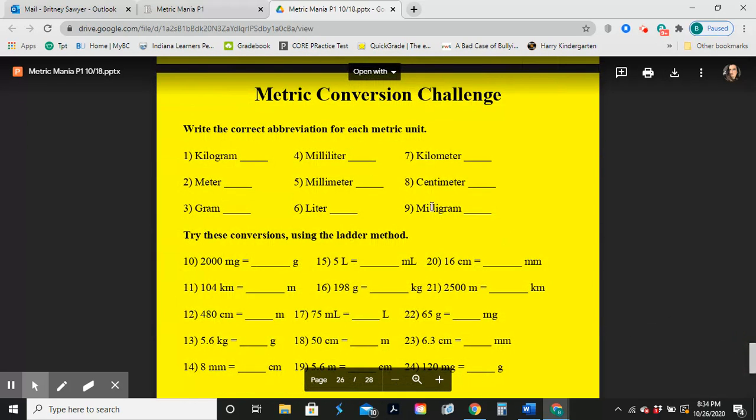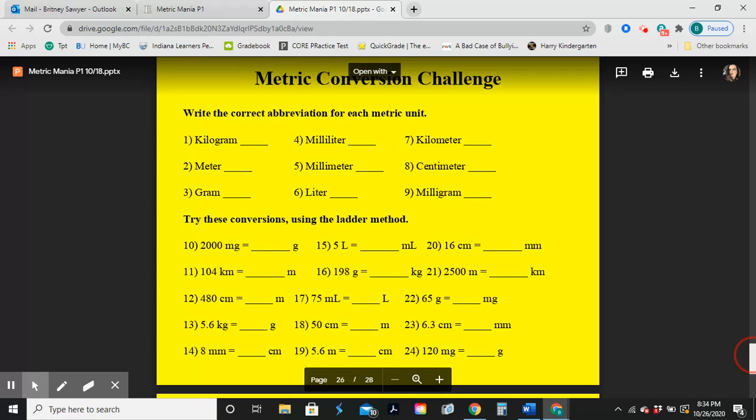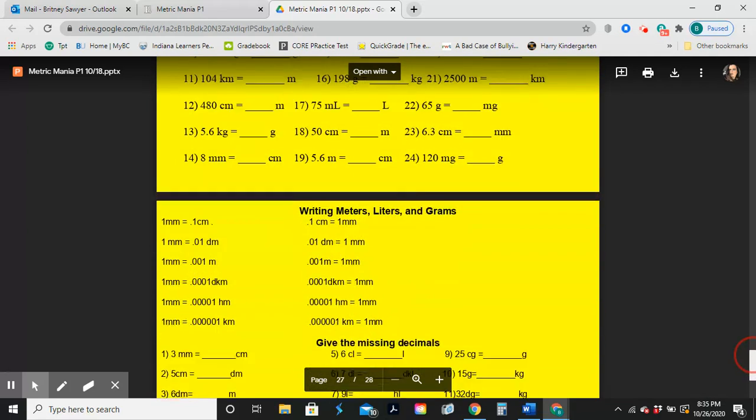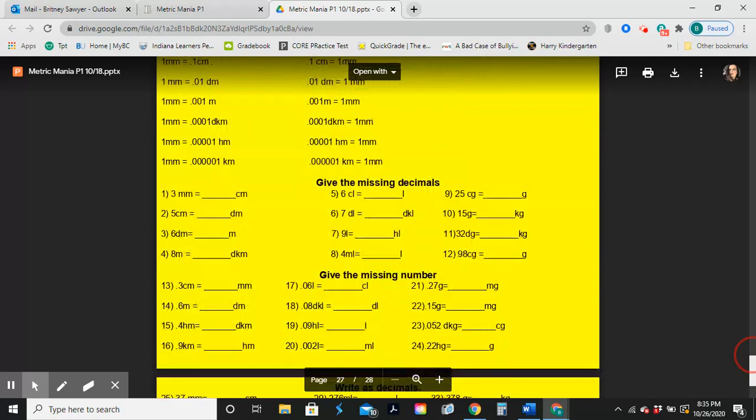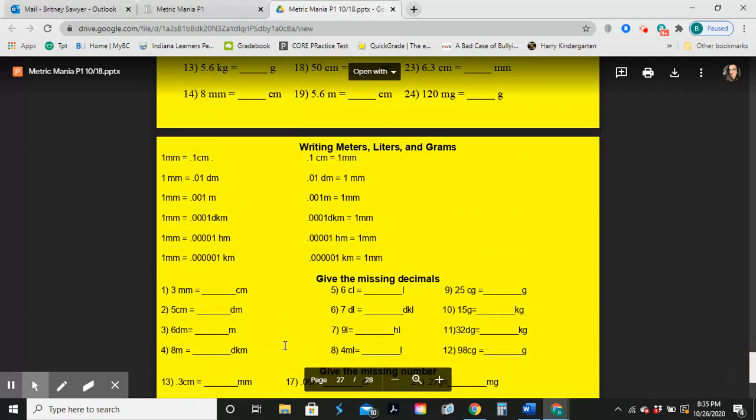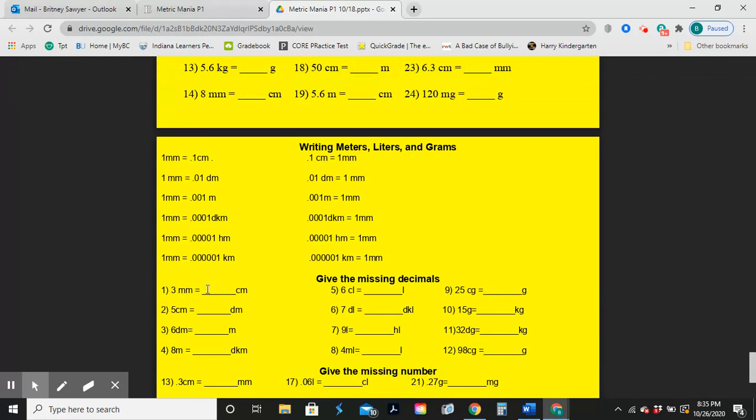All right, some more conversion challenge here. You're going to do some more conversions and you're going to look at the ladder method and use the ladder method. By now, you should be quite capable of doing this with me in class and on your own. So right here is what we have for writing meters, liters, and grams, and you are going to practice converting these.